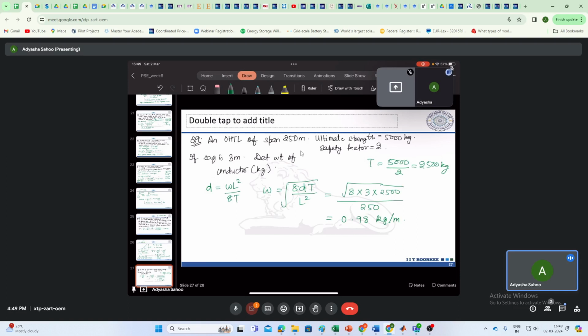Oh no, so W will be 8 dT by L square. 8 into 3 into 2500 divided by L square.